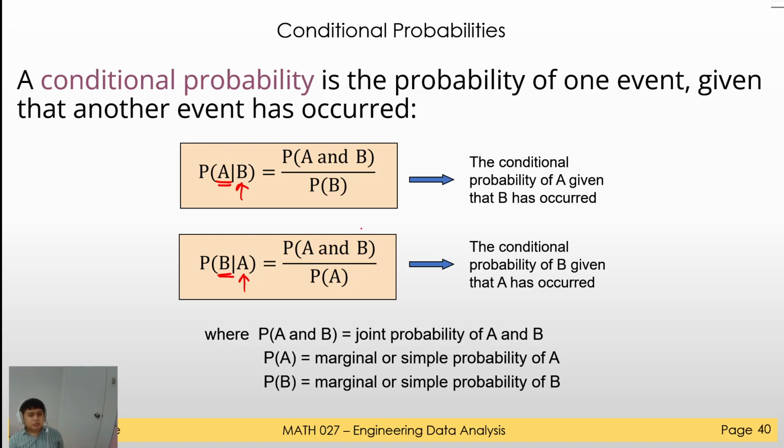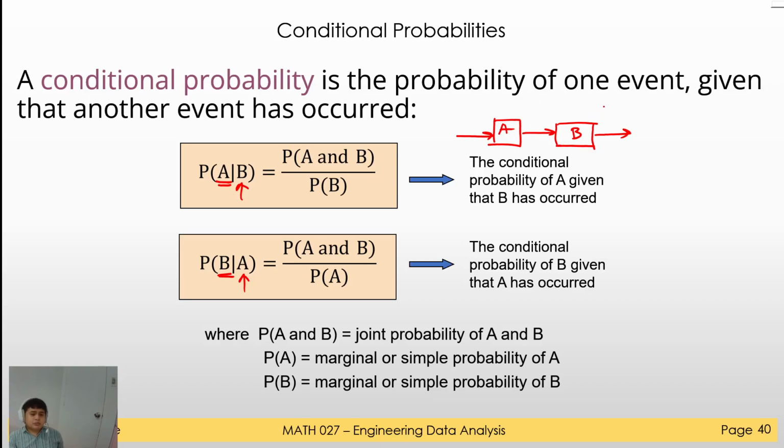We can visualize conditional probability as a process. Let's say you have event A and event B. The probability of B occurring is dependent on A occurring. If this is a process line in the industry, for B to occur, A should occur first, so there is directionality.